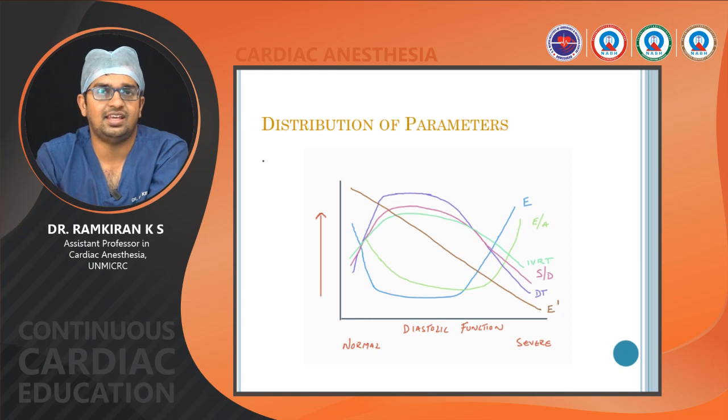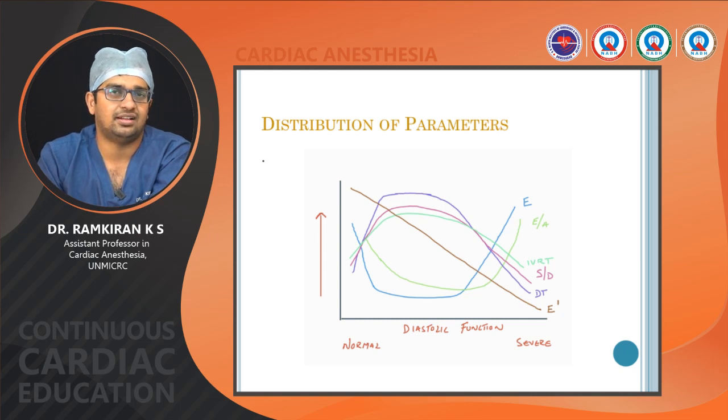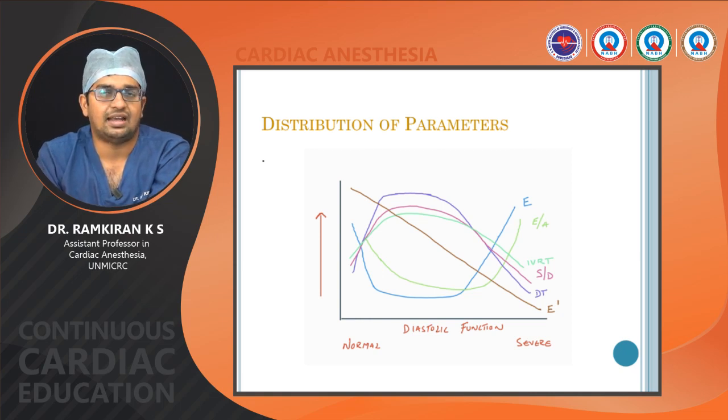As we can see, the distribution of these various echo parameters has a typical U shape in assessing diastolic dysfunction. See the E and the E by A ratio: initially it is increased, at stage 1 it is decreased, and then finally, going into stage 2 and 3, it is further increased.